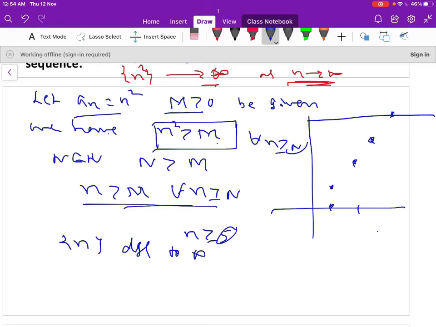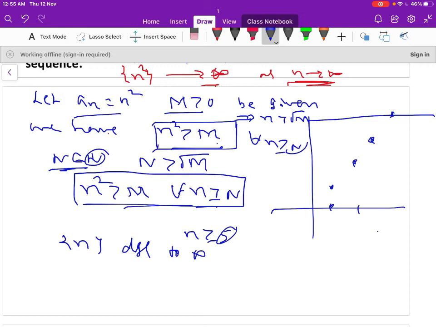We have n square is greater than M. So this implies n is greater than square root of M. So let us choose N belonging to the natural numbers such that capital N is greater than square root of M. Therefore, from this you can observe that n square is greater than M for all n greater than or equal to capital N. So therefore you can write the sequence n square diverges to infinity. Hence the sequence is a divergent sequence.